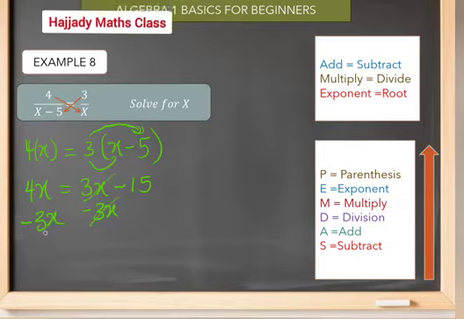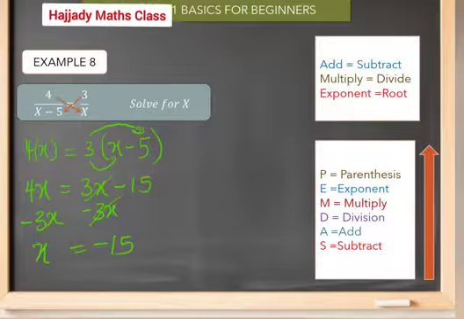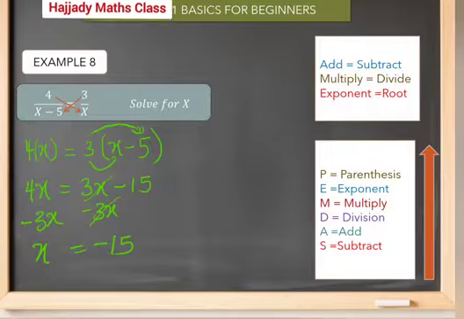So here we have 4x minus 3x, which gives x equal negative 15. So this is where we're going to stop. For you to confirm all the answers, you can plug the value of x back into the equation, and you will see that they are accurately the same.